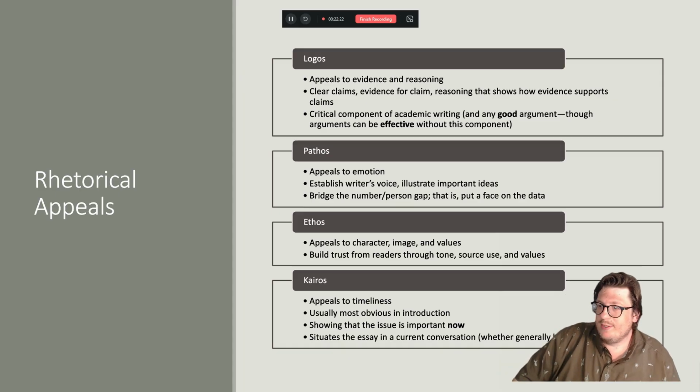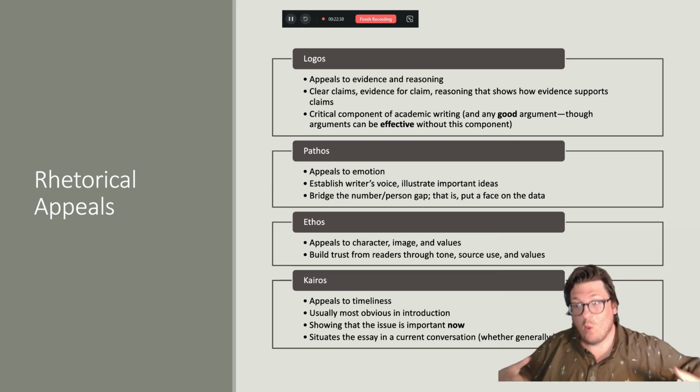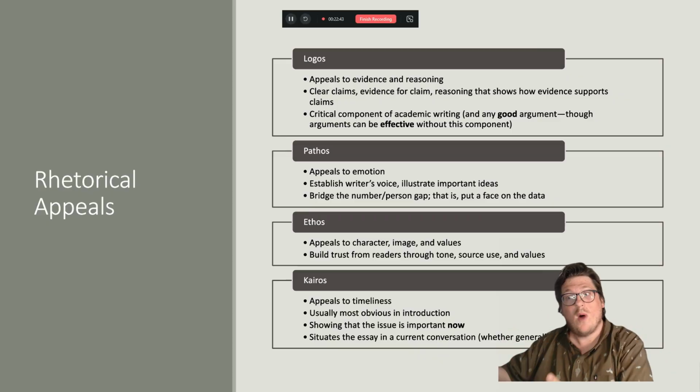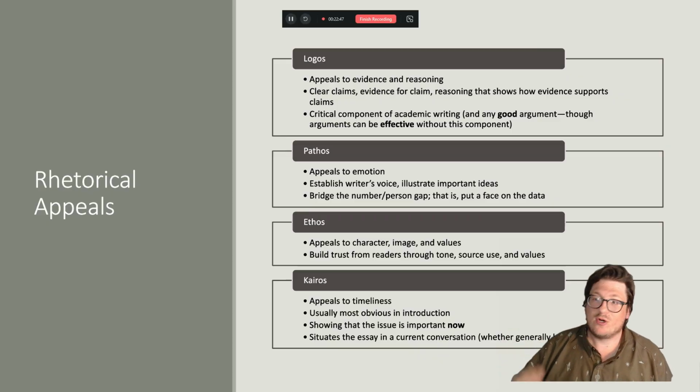The third one that you probably should be familiar with is ethos, and that is an appeal to your character as the author or image or your values. And that's how you build trust with your reader. So this is sometimes saying why you know what you're talking about. Sometimes it's saying why your sources know what they're talking about. Appeal to their credentials.